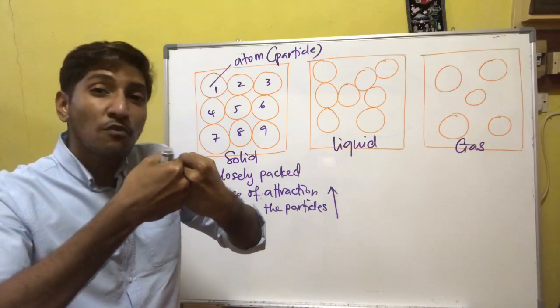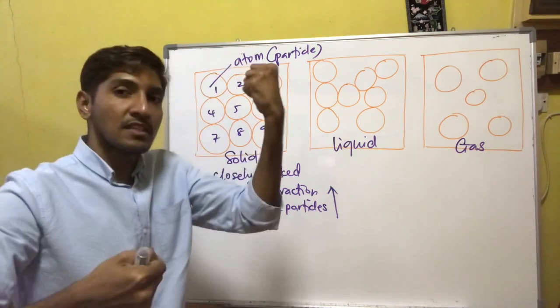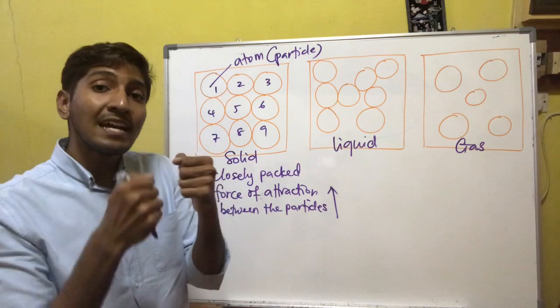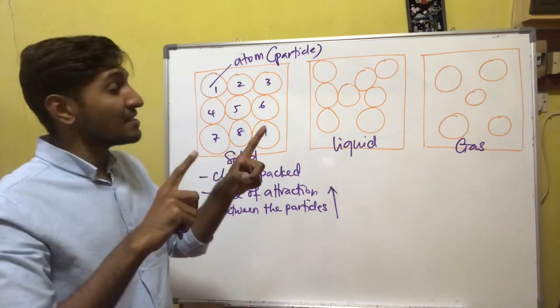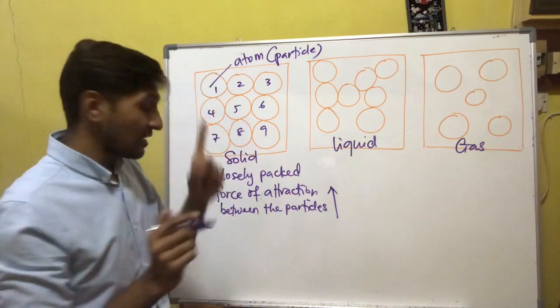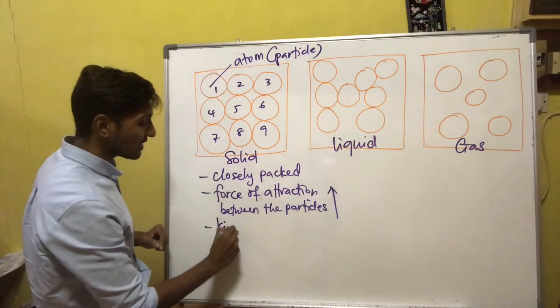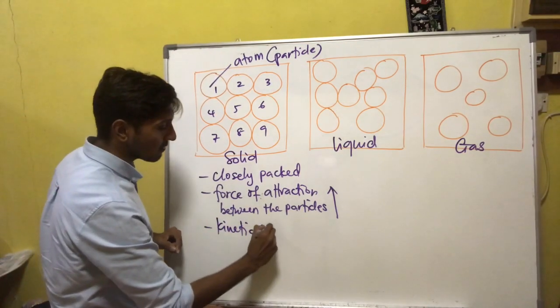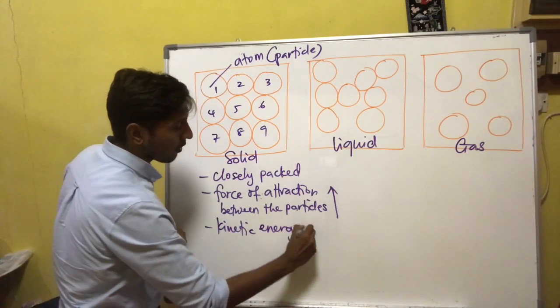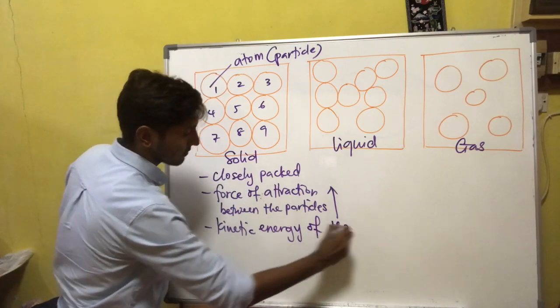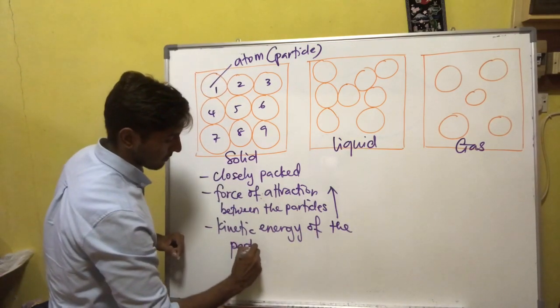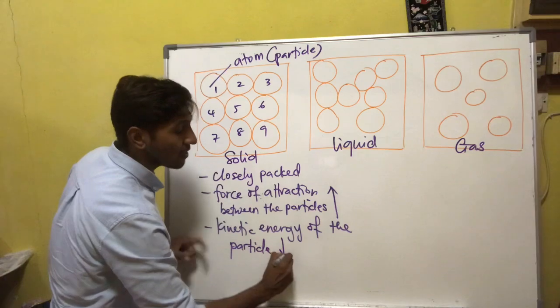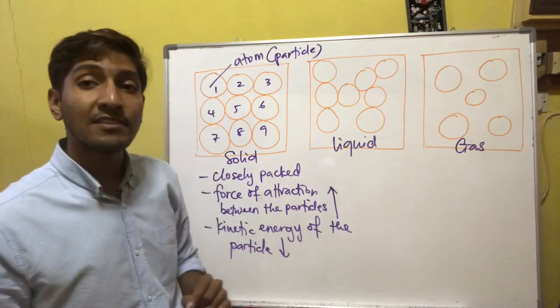They can't move around, just go this way and that way. Therefore, it doesn't move as much. It just basically vibrates and rotates. Therefore, the kinetic energy of the particles is the lowest among the three.